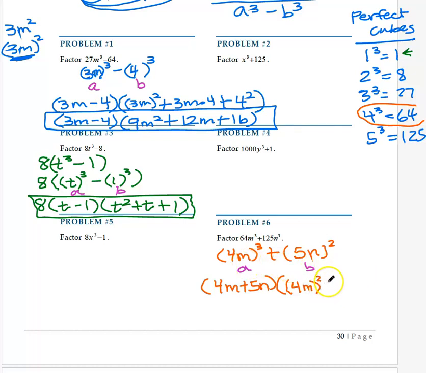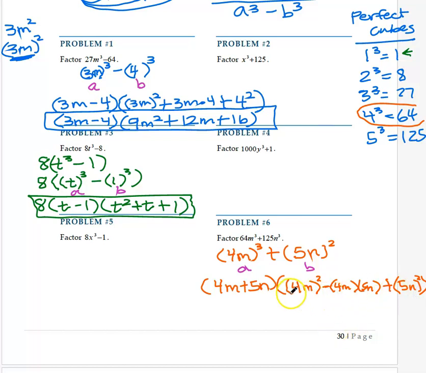All right, then my second term, now notice here, I'm using SOAP, right? So this is the same. So this next one needs to be opposite. So I'll put in minus there. But then I'm doing 4m times 5n. And then my last one will be plus, and now I'm going to take that 5n and square that whole thing.